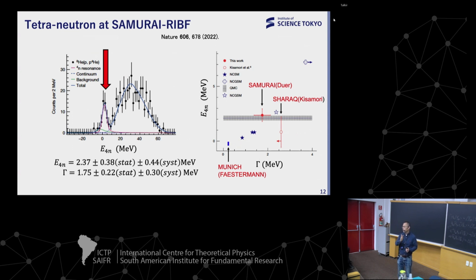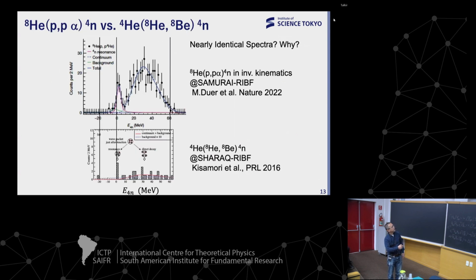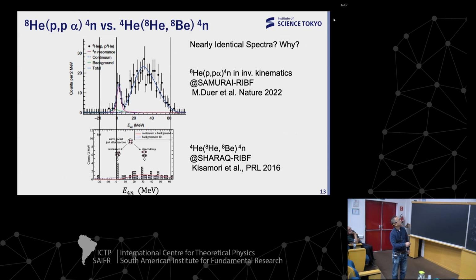Of course, as we heard from Hiyama-san, many theoreticians still doubt this, I think. But before going into this claim, maybe we can show you the consistency between helium-8 pp alpha and the helium-4 helium-8 double charge exchange reactions. You see that this is the threshold, and the peak is here.